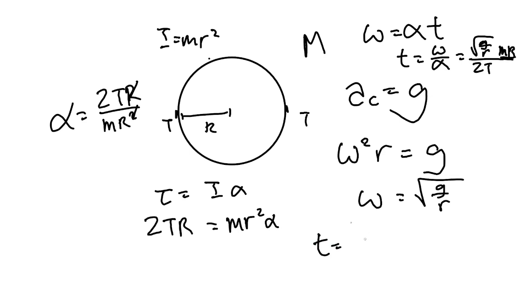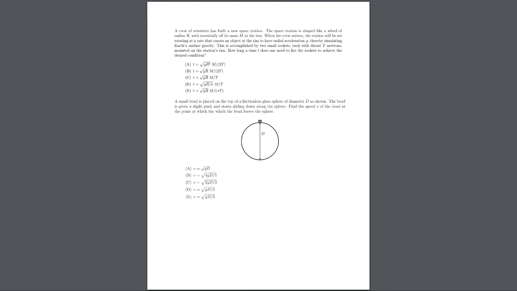Sorry for writing all over the place, but if we move our r into there, our t is equal to the square root of gr times m divided by 2t. If we look back at our slideshow, that's going to give us b.